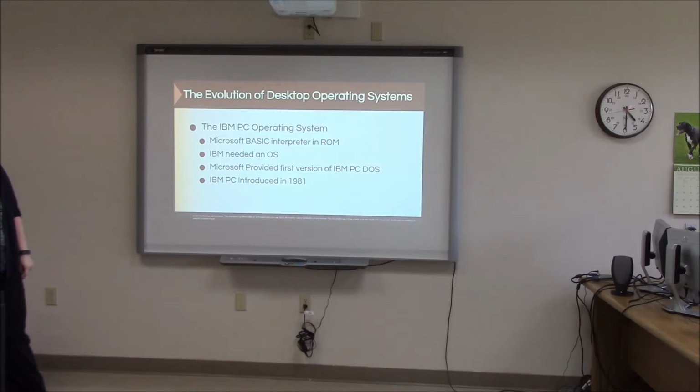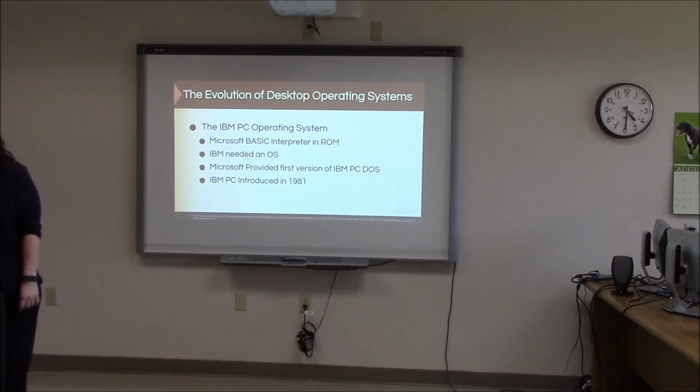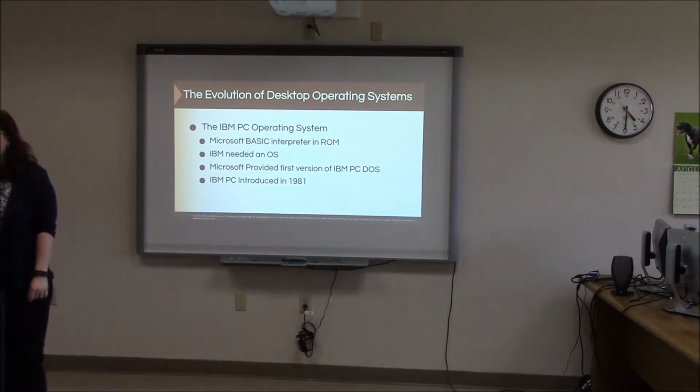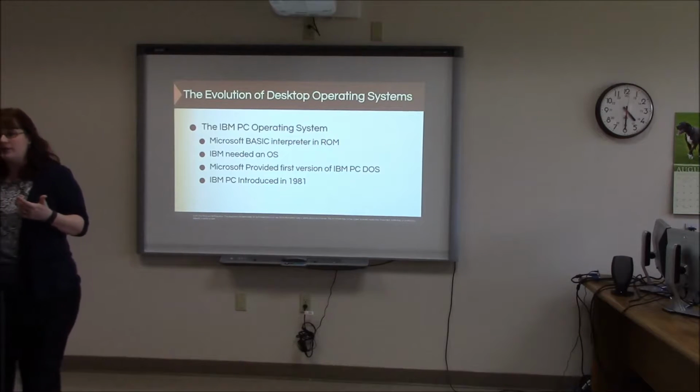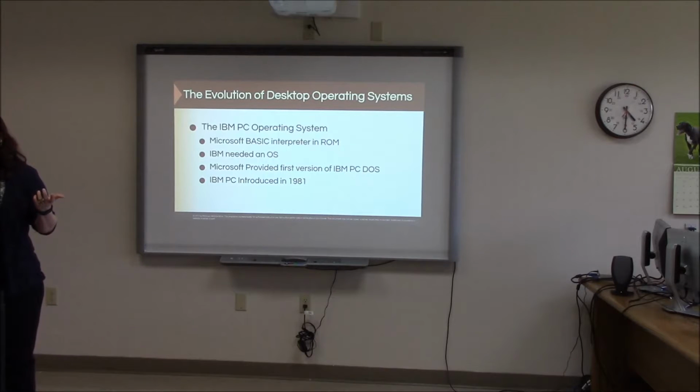Then we had the IBM PC operating system. It had a BASIC interpreter. BASIC stands for Beginner's All-Purpose Symbolic Instruction Code, and it was encoded into the read-only memory of that PC. They needed an OS, but at the time, Microsoft hadn't quite made Windows yet. So Bill Gates sent them to this place called Digital Research.